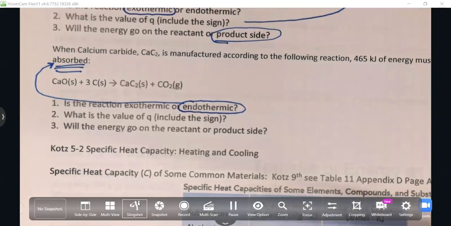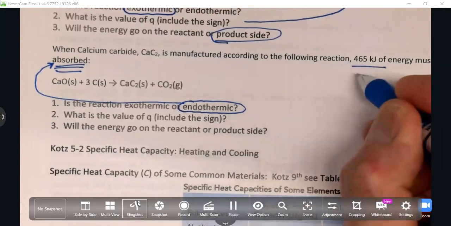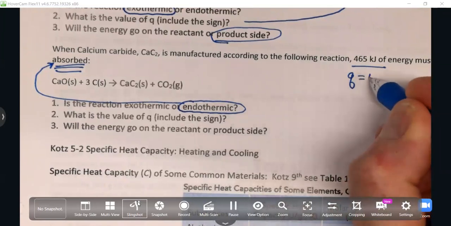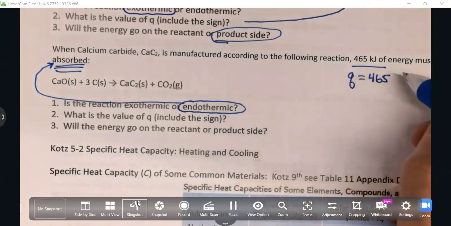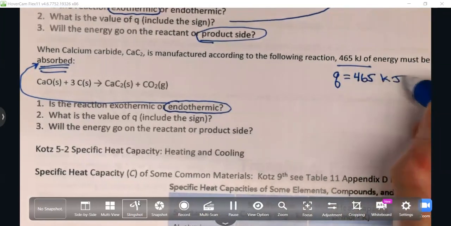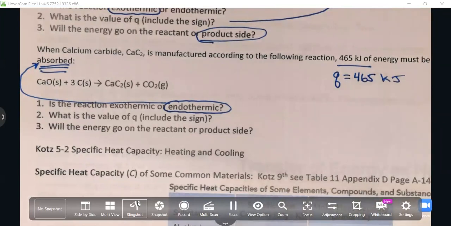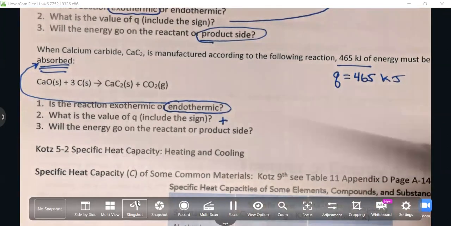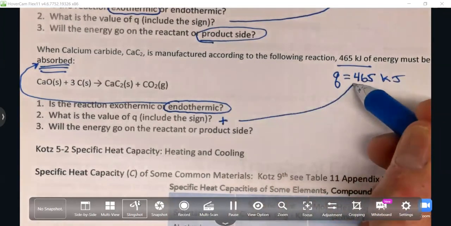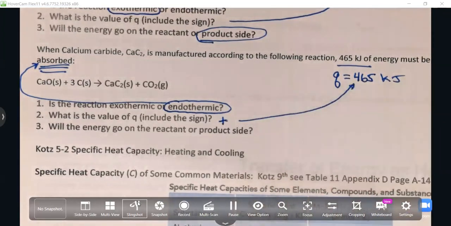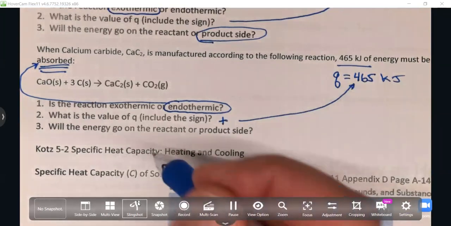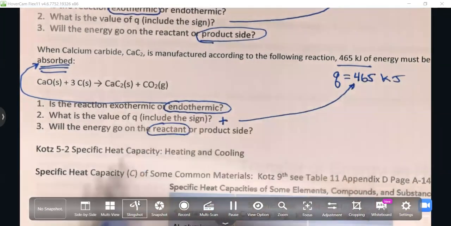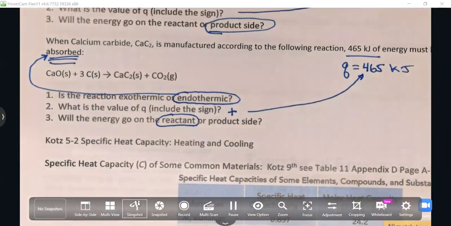And Q is going to be positive, so we leave it at 465. And it is plus 465, and it's going to go on the reactant side. Right, so that's now how it starts out. Not too bad, huh?